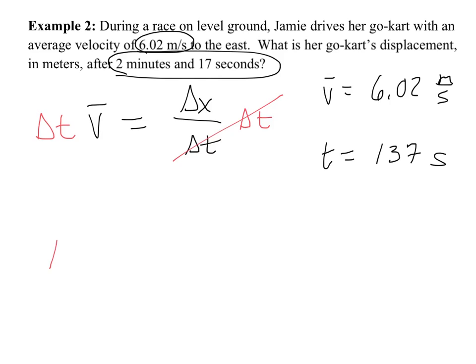And I'm left with delta t times average velocity is equal to my displacement. Okay, change in time times velocity equals change in displacement. And at this point in time, no pun intended, plug in your time and plug in your velocity. Okay, plug in your time with units, please.